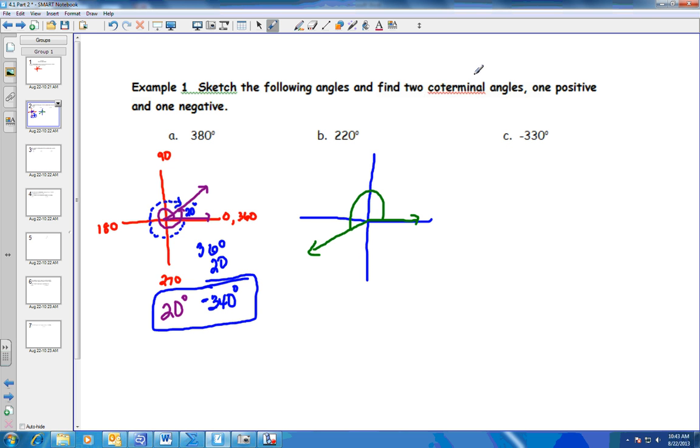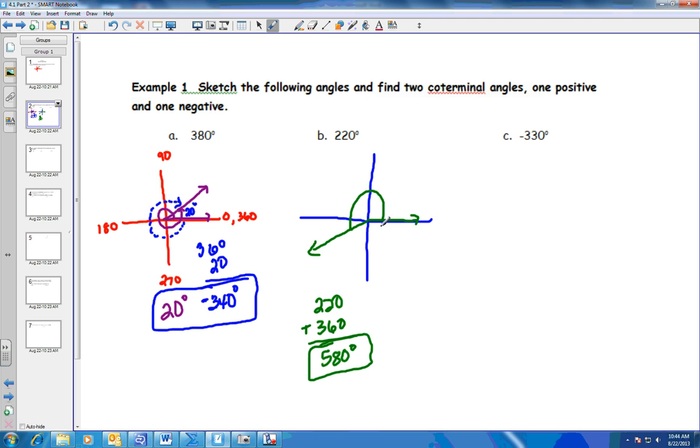So now let's find another positive coterminal angle. If I want to find a positive coterminal angle, the shortcut is to take my initial angle and add 360. Okay, because I can just go around a complete revolution. That angle is going to look exactly the same. So 220 plus 360 is going to give me 580. So that's another way to name this angle.